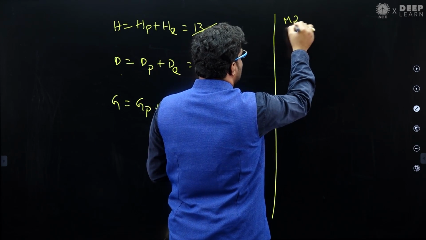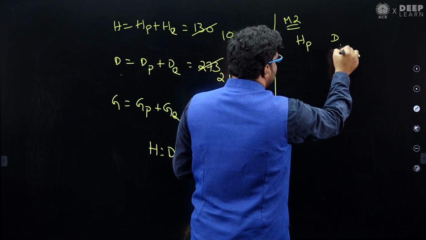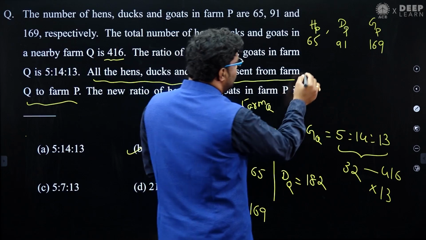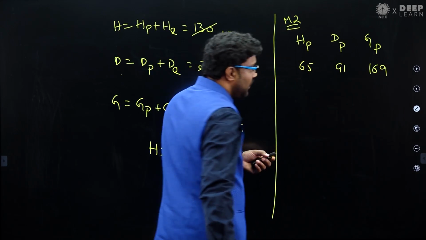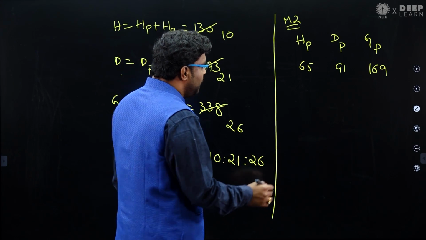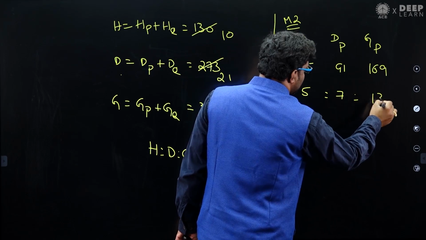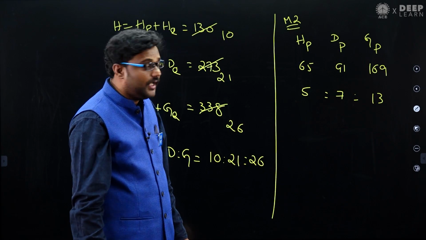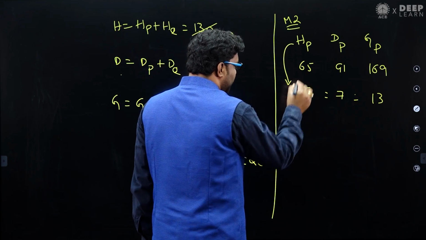Hens, ducks and goats in form P are 65, 91 and 169. These are all 13 multiples. If you put 13 out, this is the 5, 7 and 13 ratio.